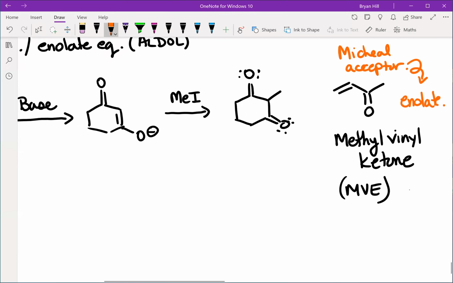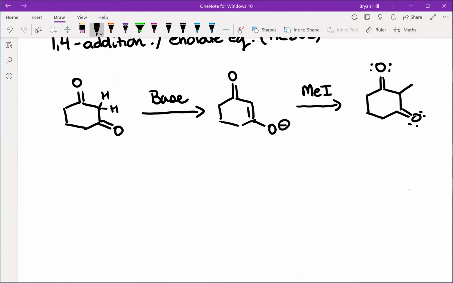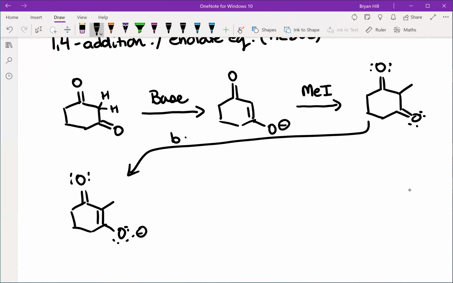So how would this work? Okay, so we'll use some base, lithium, sodium hydride. Why not try it? That's my favorite. Throw in our methyl vinyl ketone.